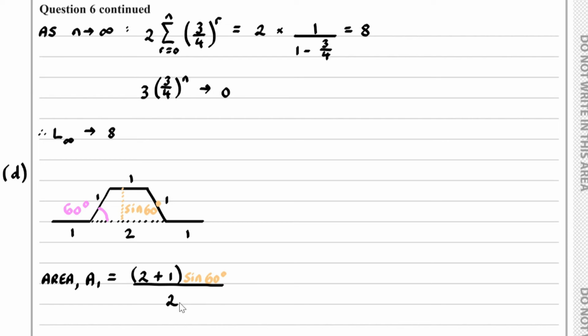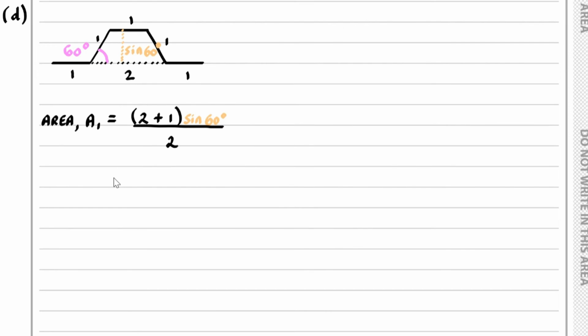So the area of A1 is equal to, sine 60 is √3 over 2, and I'm multiplying that by 3 over 2 to get 3√3 over 4.